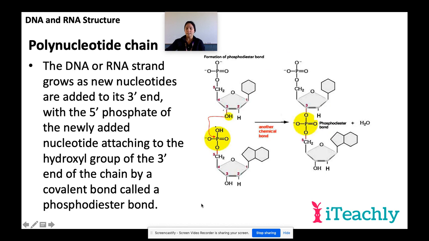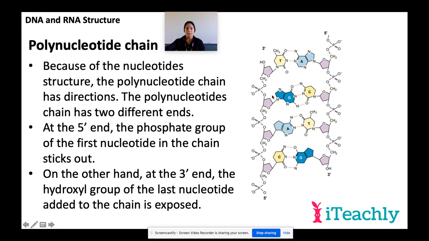So we say this strand is in the 3 to 5 direction, because the number 3 carbon is right here, and the number 5 carbon is right here on that outer edge or the backbone. This is the 3 to 5 strand of this DNA nucleotide.